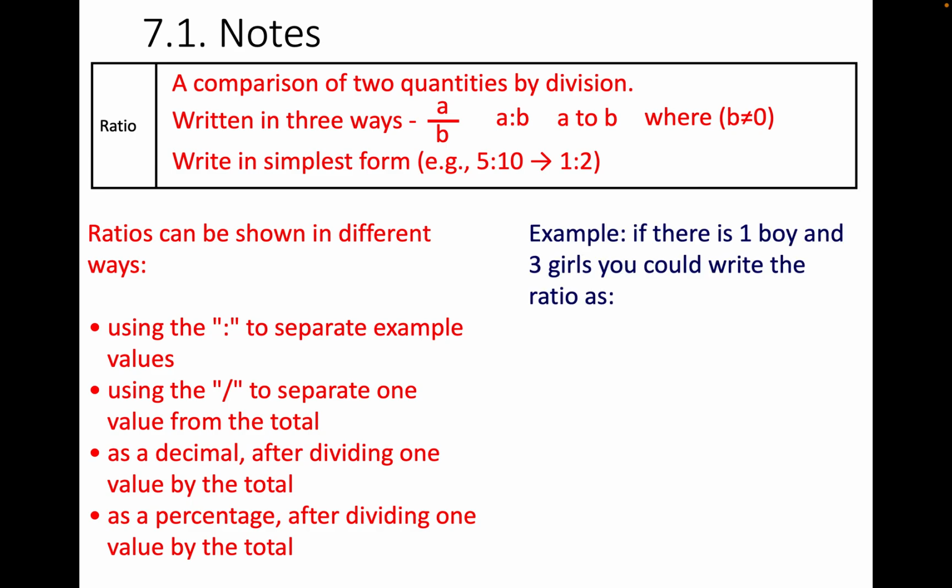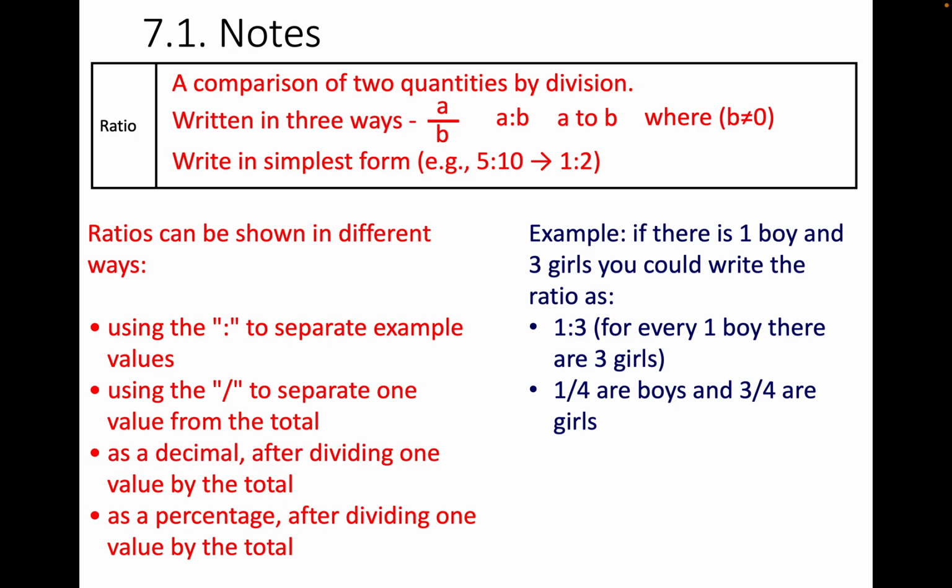So let's go back to the example I said before. Imagine that for every boy you have in class, you have 3 girls. You could say the ratio of boys to girls is 1 to 3. You could do that another way and say that 1/4 of the class are boys and 3/4 of the class are girls.